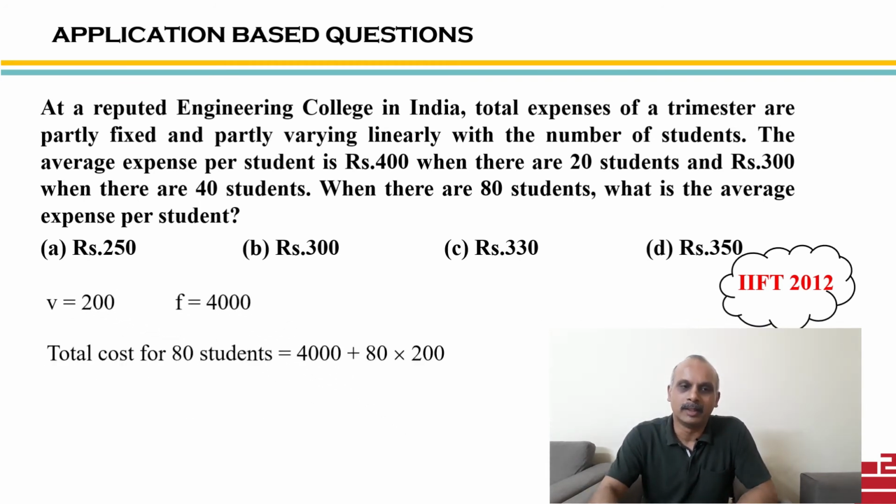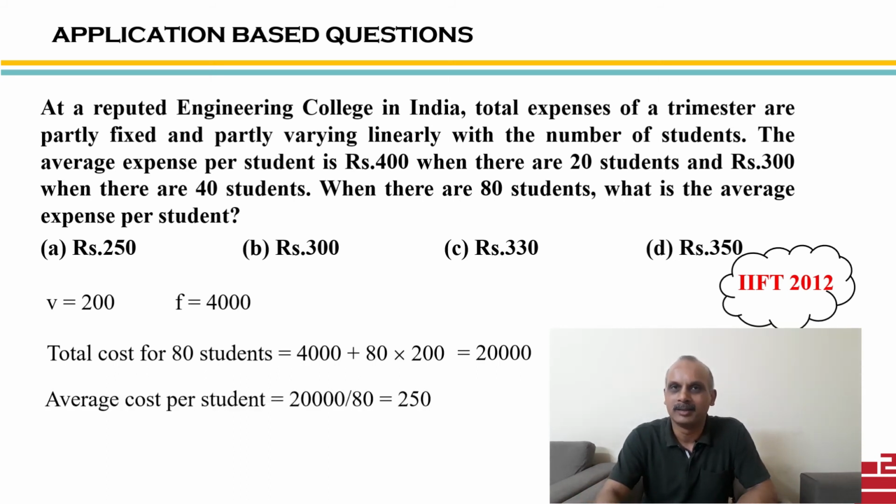So the total cost for 80 students is the fixed cost plus the total variable cost for 80 students, that is 4,000 plus 80 into 200, and that comes out to 20,000 rupees. Therefore our per head cost, upon dividing by 80, is 250, and so option A is the right answer.